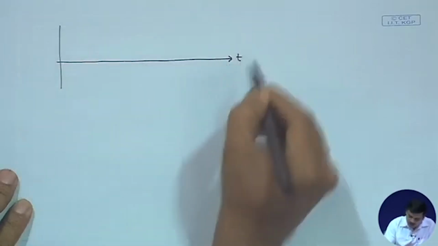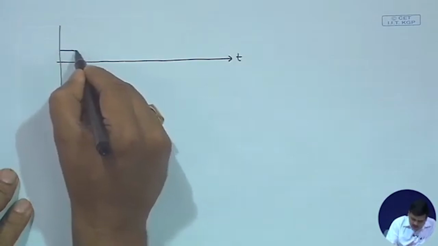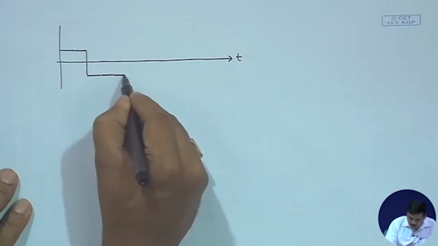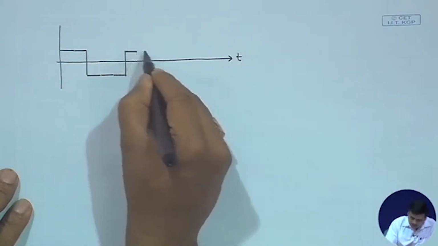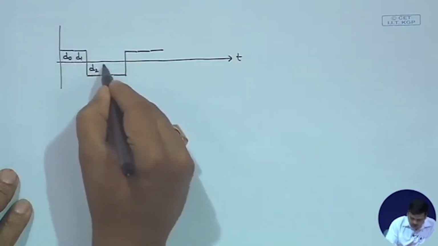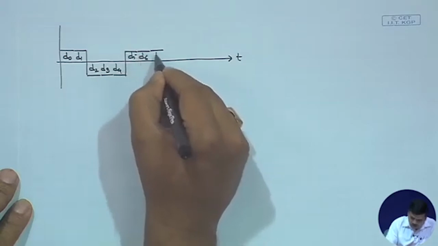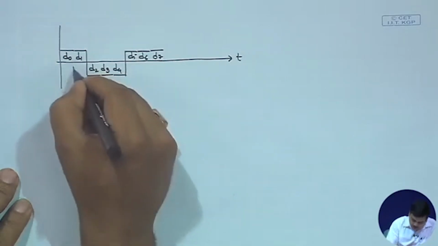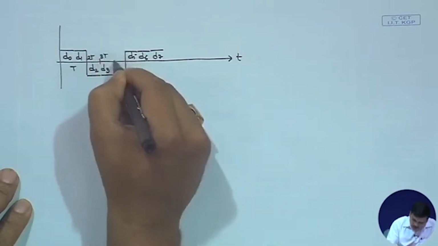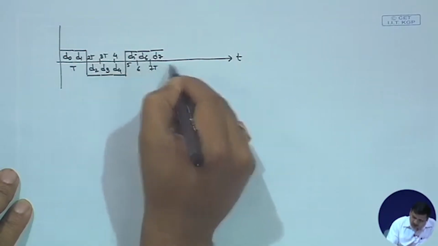So, this is some time t, and let us say we had the original sequence as we are drawing it over here, where I would write this as d0, d1, d2, d3, d4, d5, d6, d7, and of course, this is t, this interval is 2t, then there is 3t, 4t, 5t, 6t, 7t, and so on and so forth.